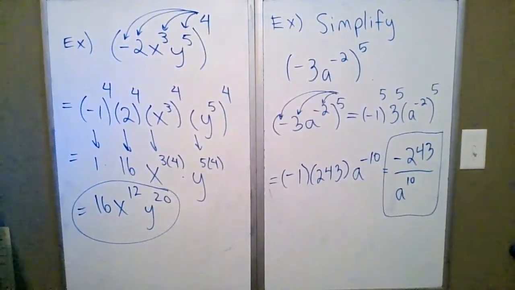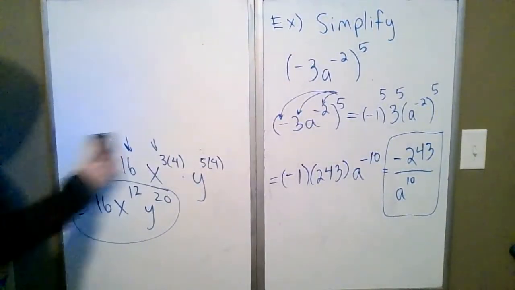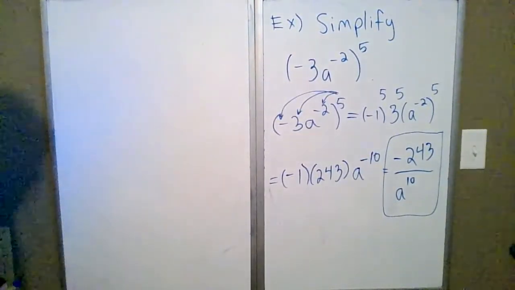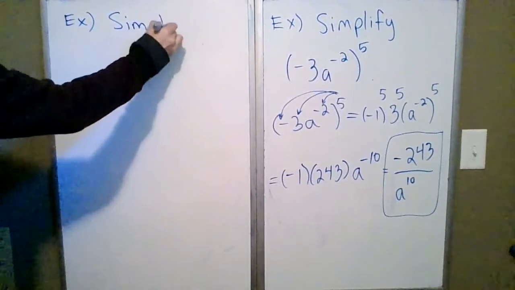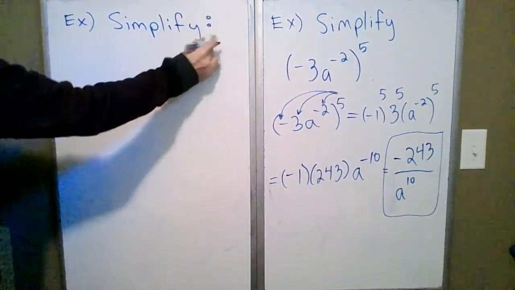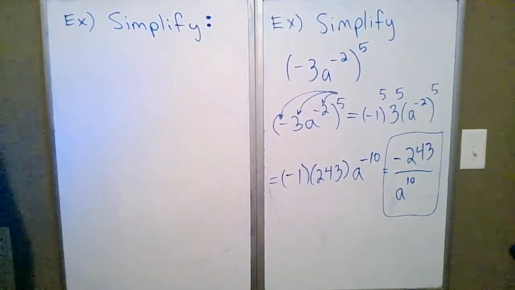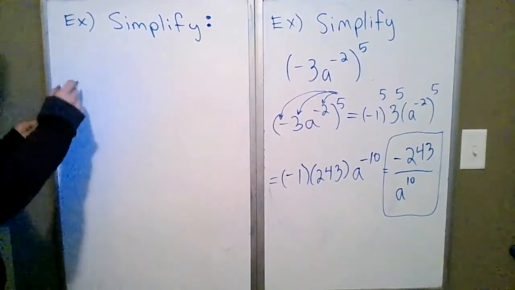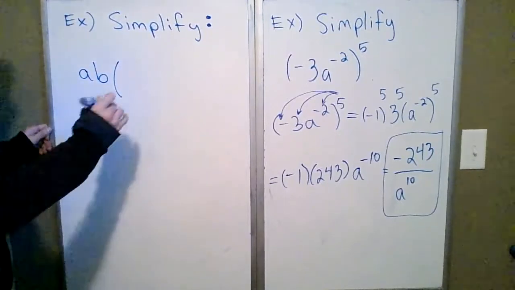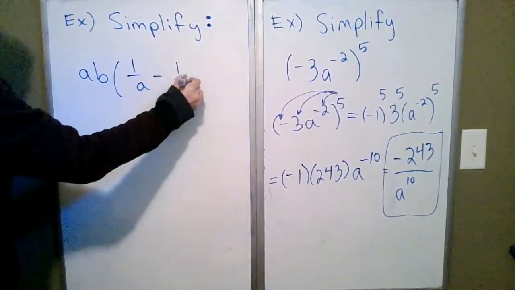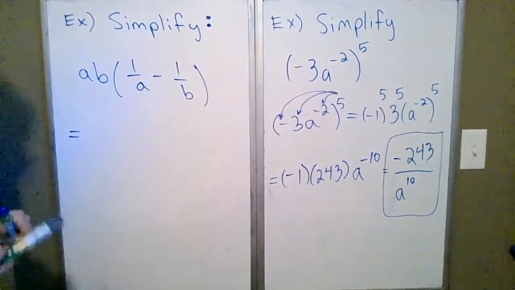All right, we're going to continue to simplify. AB times 1 over A minus 1 over B. So we're going to distribute AB.